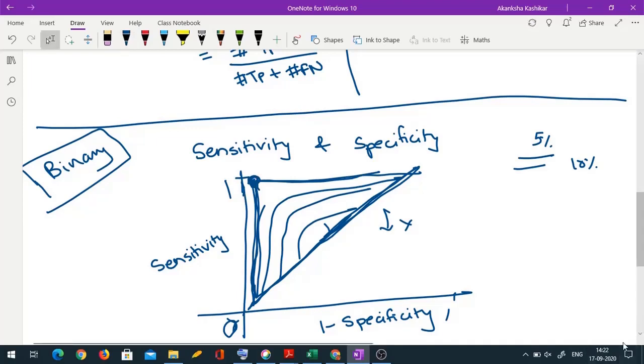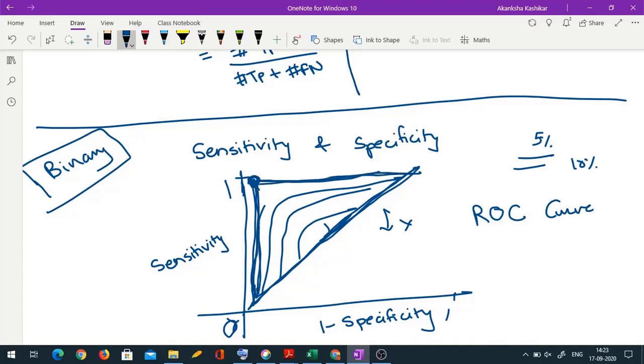So while evaluating the performance of a classifier, don't rely just on the misclassification table or just on the accuracy, because this is how you can end up choosing a completely bad classifier. Okay, this type of curve of sensitivity versus 1 minus specificity is known as the receiver operating characteristic curve, the ROC curve. And ideally, as I said, this is the ideal scenario.